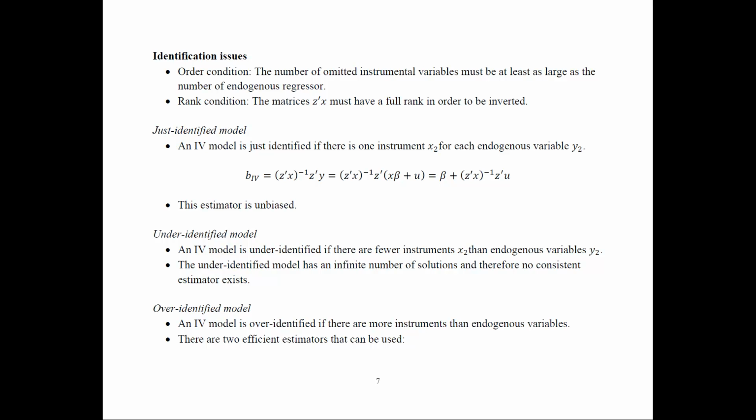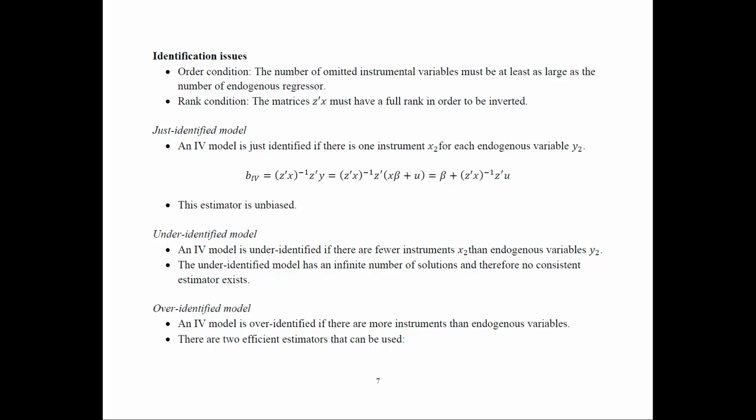This way, if we have one endogenous regressor, you need at least one instrumental variable. It could be more, but at least one. You can't have less than one. And again, for the rank condition, you need full rank of these matrices.